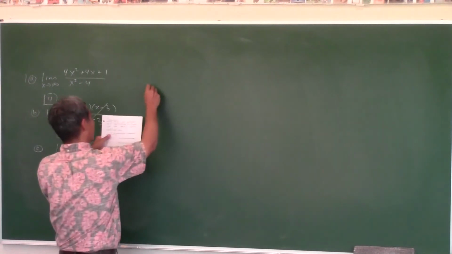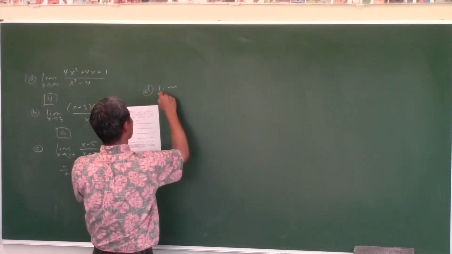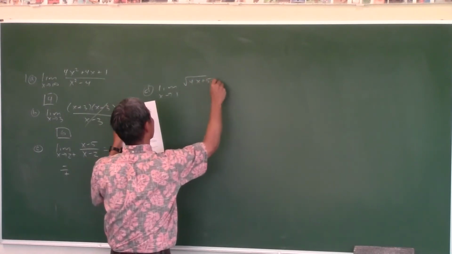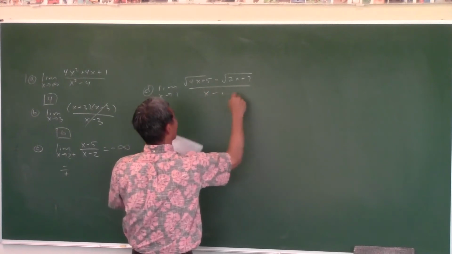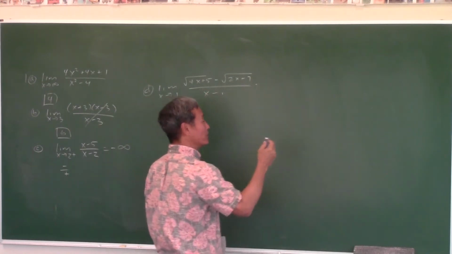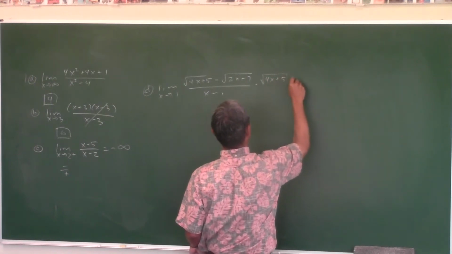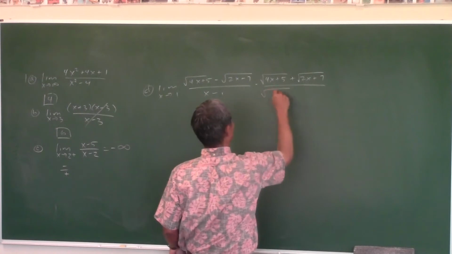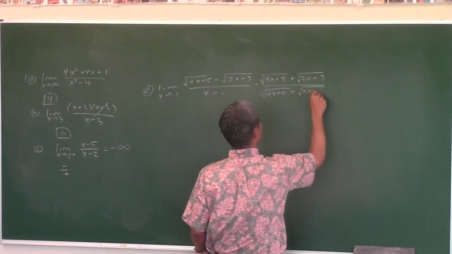Okay, D. If I plug in 1, you get 0 over 0. What do you do when you have radicals like this? You multiply by the conjugate. You guys know what to do, but you gotta do the algebra correctly. Multiply top and bottom by the conjugate of the radical expression.